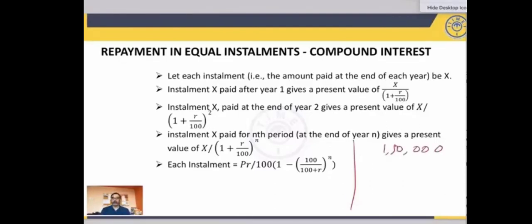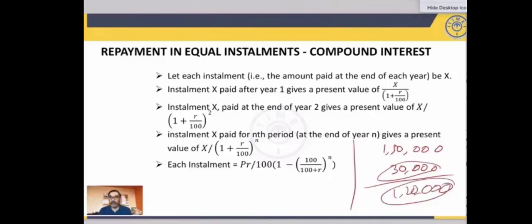Out of this 1,50,000, you may pay only 30,000 at the beginning. That is called a down payment. The down payment is the amount you pay at that moment to take the fridge to your home. Down payment is 30,000, so how much more do you have to pay now? 1,20,000. This 1,20,000 you can pay over a period of time.